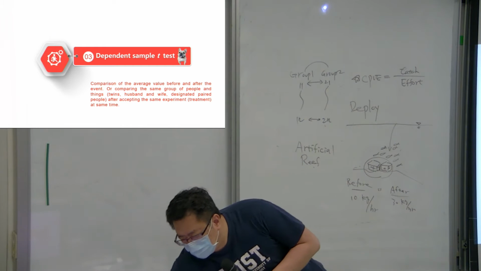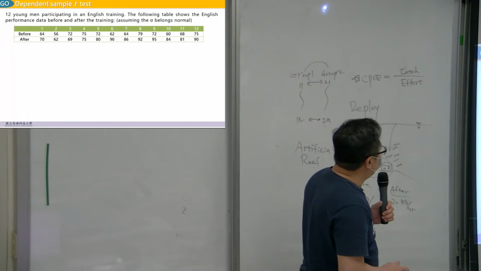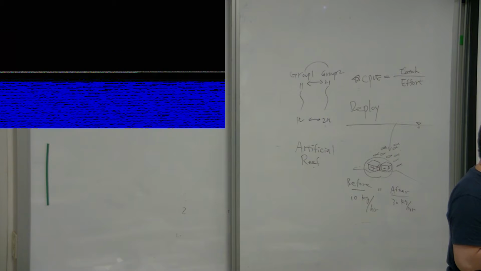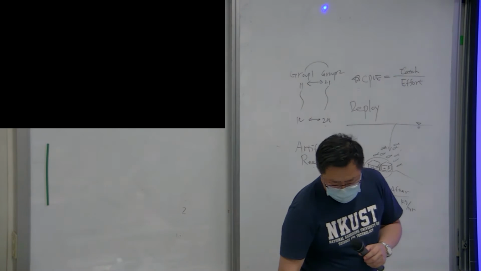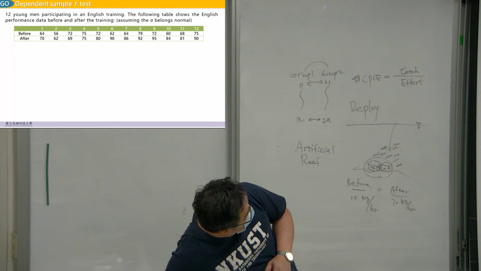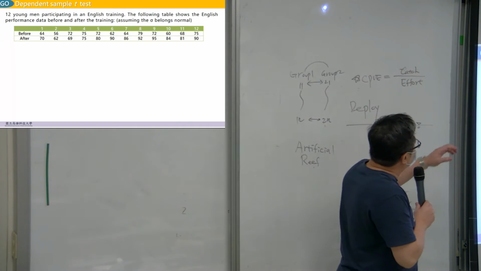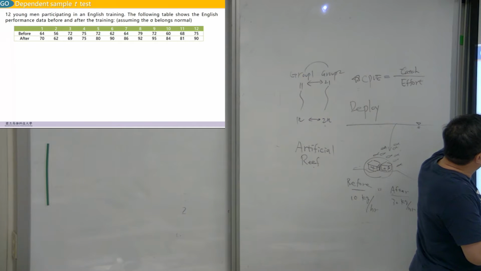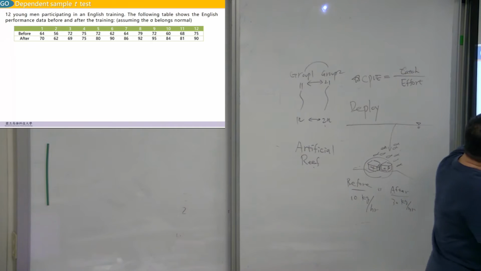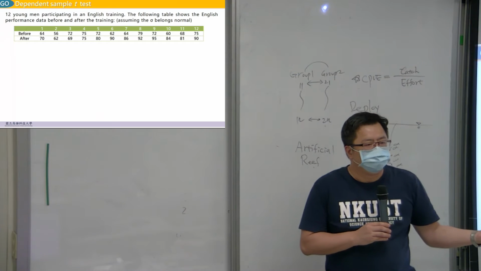A very typical example: 12 young men participating in English training, with their scores before and after.